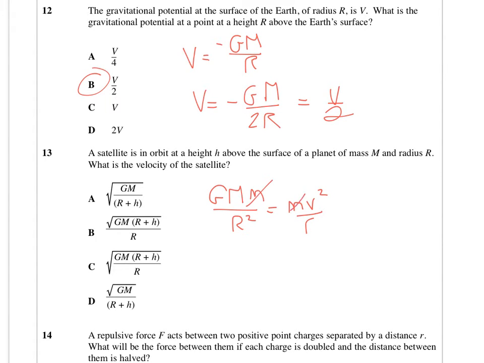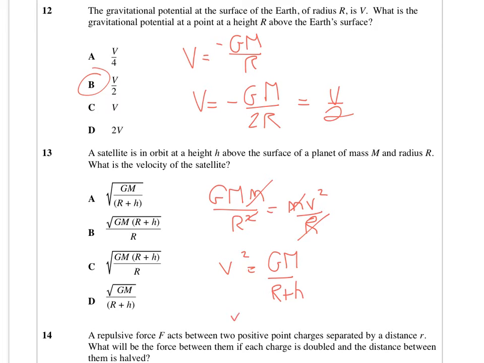Cancel your m's, cancel r squared, so v squared is GM over the radius distance, which would be r plus h, because it's h above the surface.